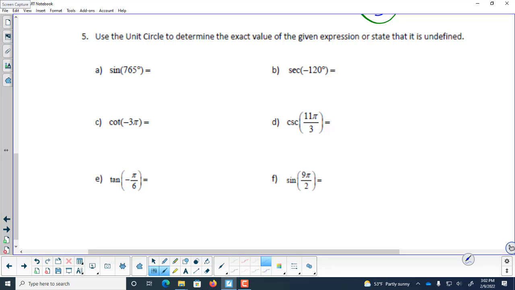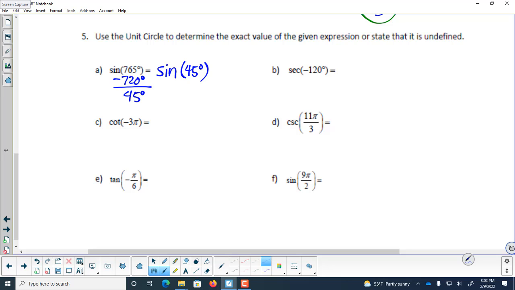Is there an angle that it's coterminal with that is on the unit circle? Okay, what would it be? Oh, is this the one we did earlier? No, it's not. Okay, so find the least coterminal angle. That's going to be equal to the sine of 45 if you subtract 720, which is 2 360s, right?